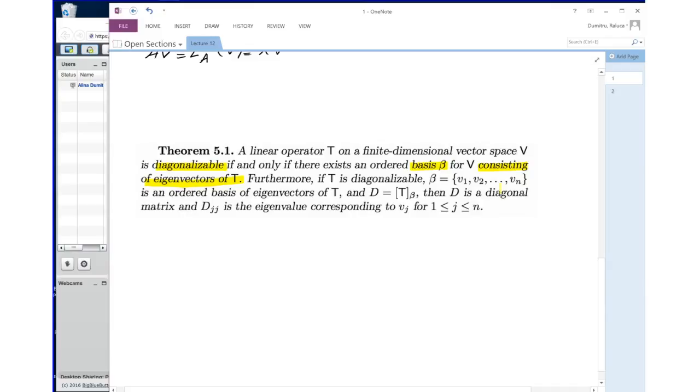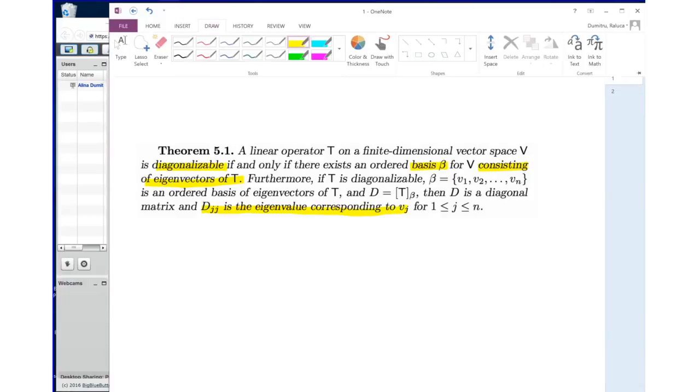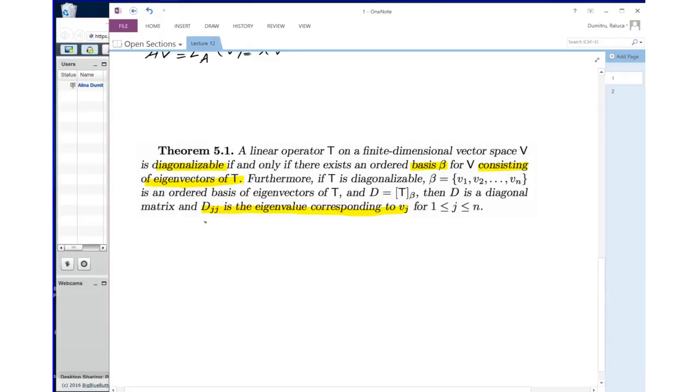Furthermore, if T is diagonalizable and that is beta, V1 through Vn, and D is T beta, then D is diagonal, right? Because that's what started everything. And Djj, what we called lambda j up there, is the eigenvalue corresponding to Vj.